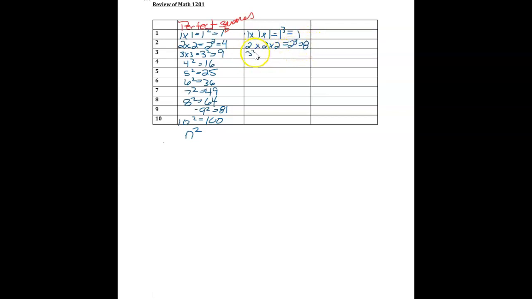You could have 3 cubed, 27. 4 cubed, 64. 5 cubed, 125, and it will continue. We don't usually go beyond 5 cubed, but if you need to, you just continue the list. And these would be called perfect cubes.